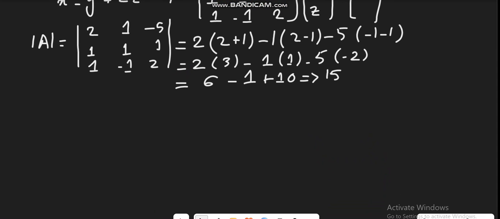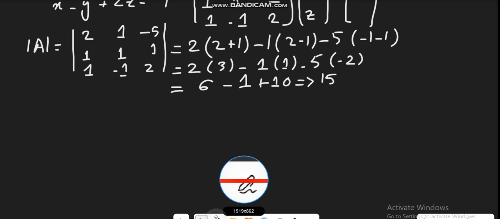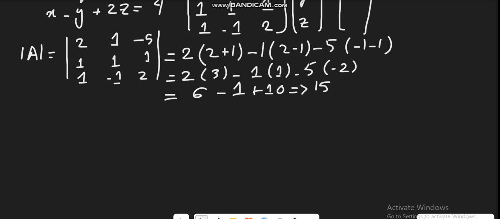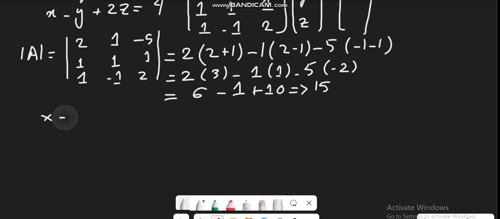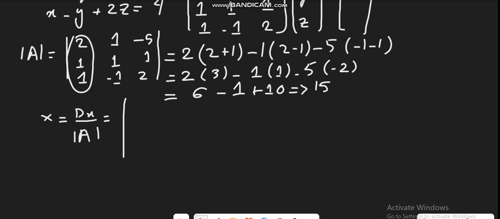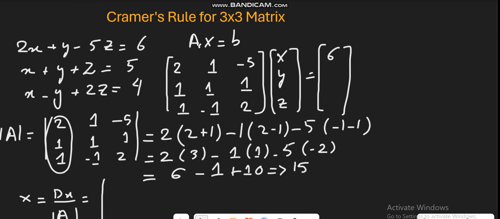Now the next step is to find the values of x, y, and z. I will represent x as equal to dx divided by the determinant of A. And what is dx? The dx is another determinant that we will find. Here, in place of the x column, I will write the values of the column vector b, which is 6, 5, and 4 in this case.